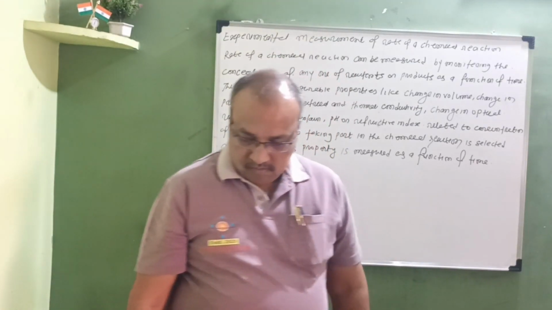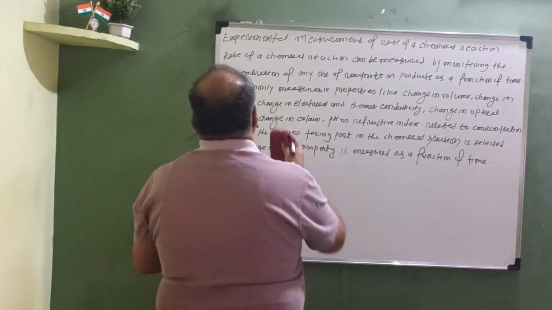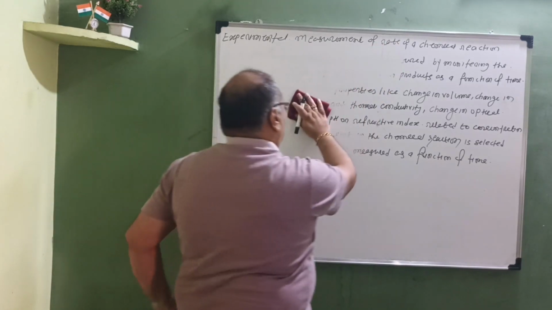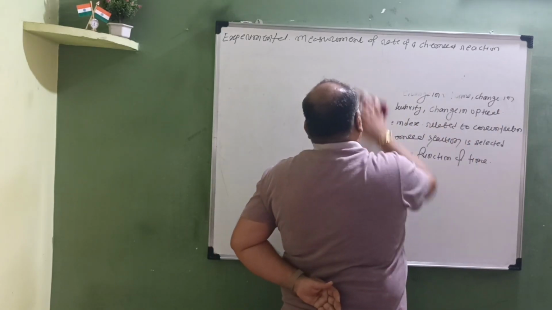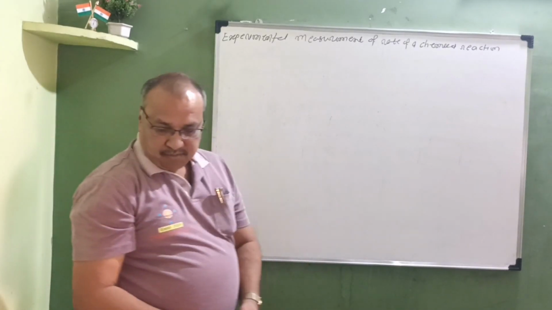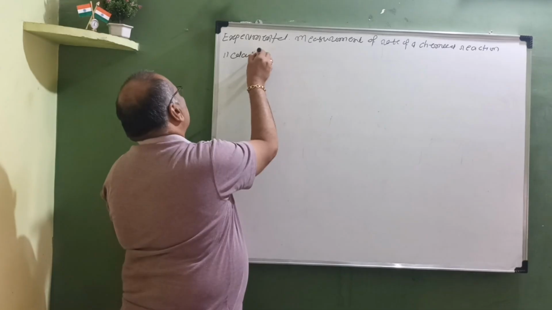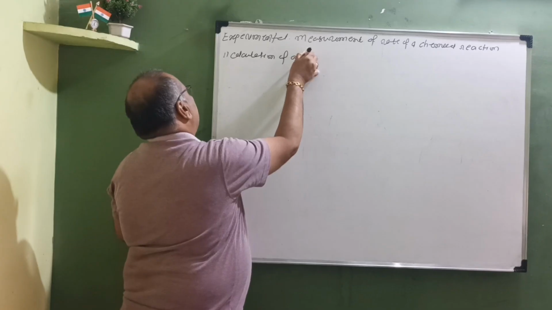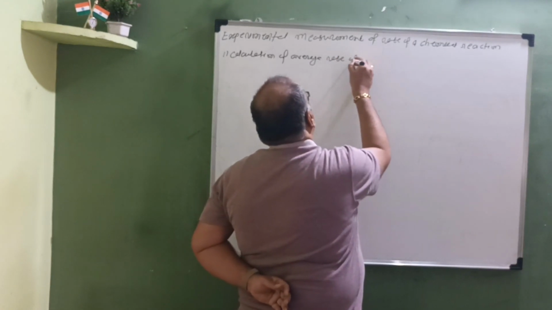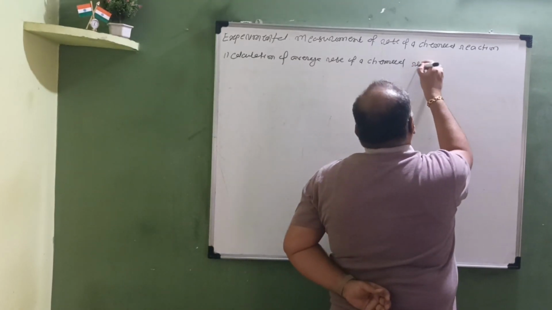Now, here write down first: calculation of average rate of a chemical reaction.